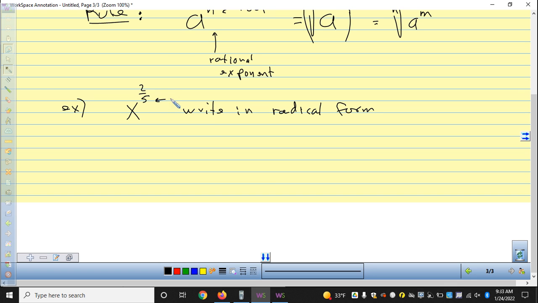Well, whatever's in the bottom is our root. Whatever is in the top is our power. So we can write that this equals the 5th root of x squared, or the 5th root of x squared. The square can go outside the radical or inside the radical.